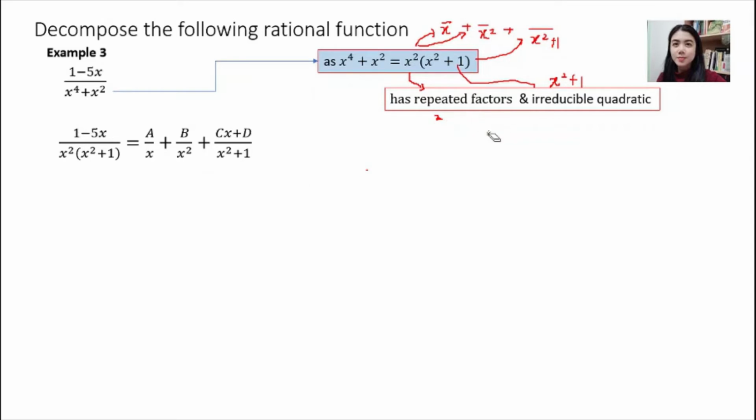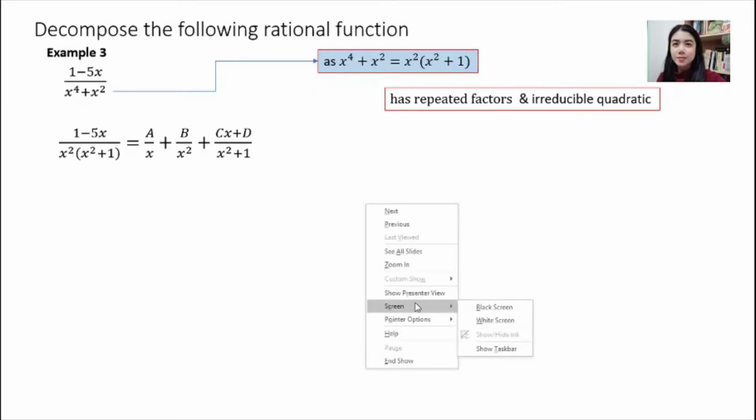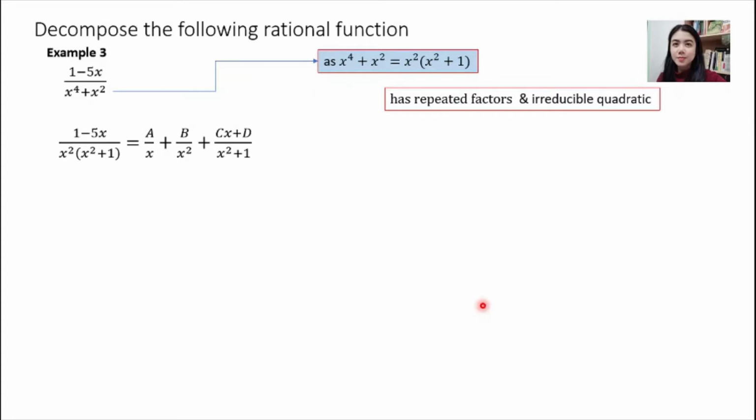Okay, let me erase this all. The next thing that you should do is multiply both sides with the denominator.